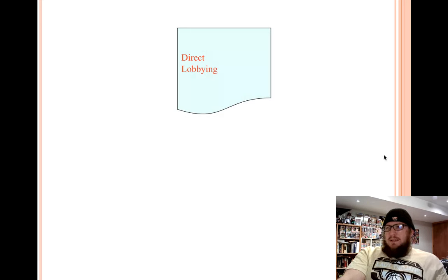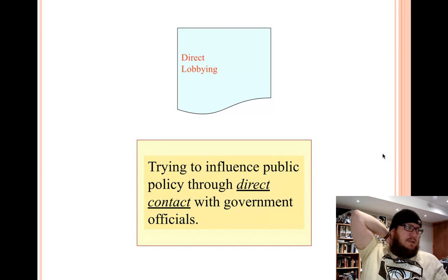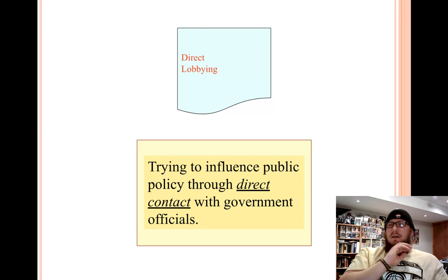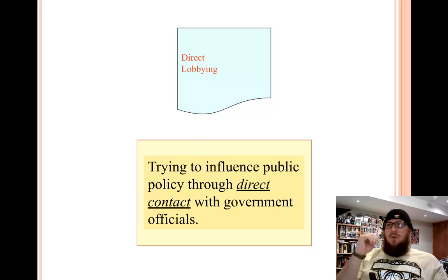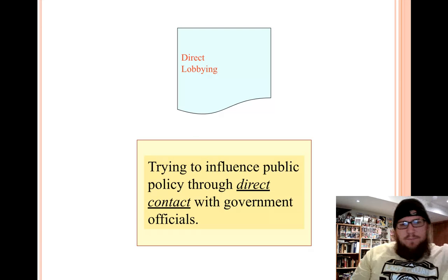So, direct lobbying is the first thing that we'll talk about. And this is the group trying to influence public policy through direct contact with government officials. So, this is when the group will hire a lobbyist, someone who knows how to meet with members of Congress, has rapport with members of Congress, all of those different things.